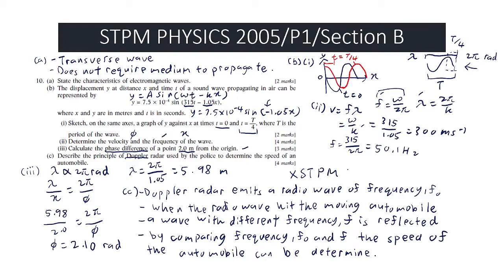But for this case, we don't need to give the formula and do the calculation, so I think this is still reasonable. If you are interested, you can take a look at special relativity and search for the Doppler effect for the EM wave, the electromagnetic wave.